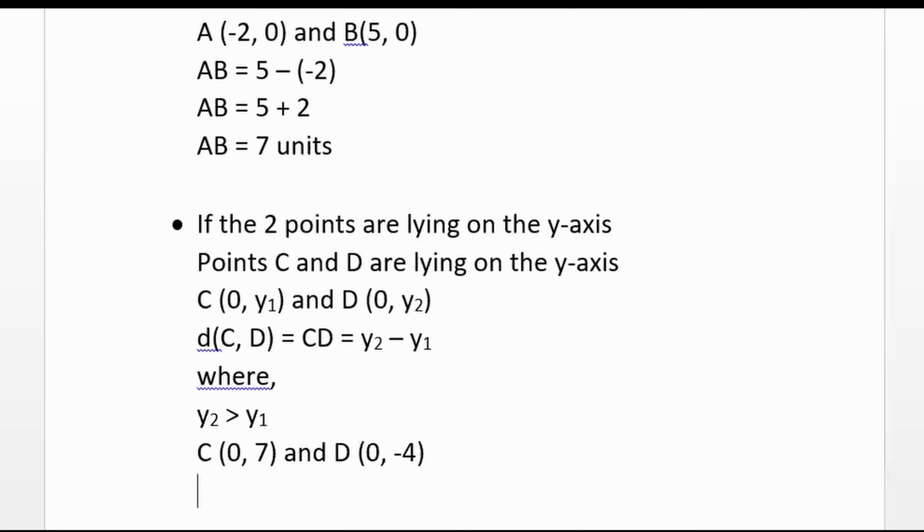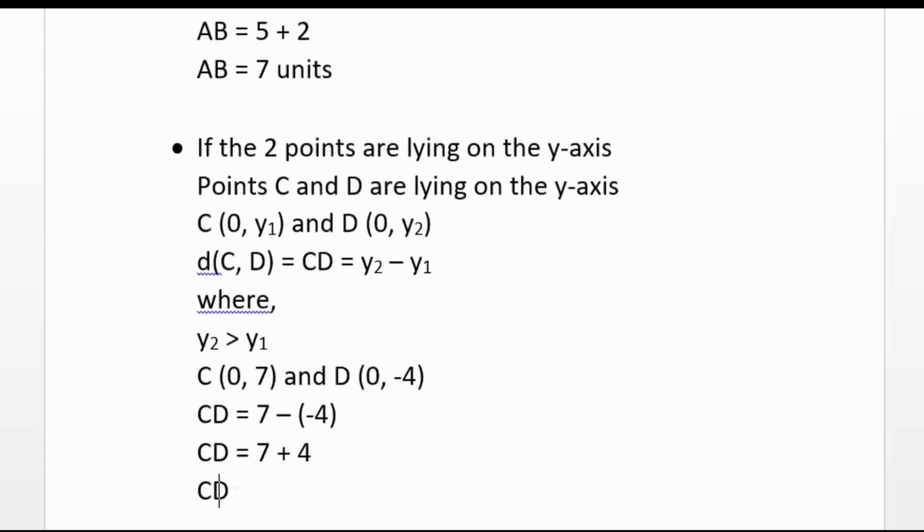The y coordinate of C is 7, which is greater than minus 4. Therefore, distance CD will be 7 minus of minus 4, which is 7 plus 4, that is CD is equal to 11. And always it is in units. So the distance between the points C and D that are lying on the y-axis is 11 units.